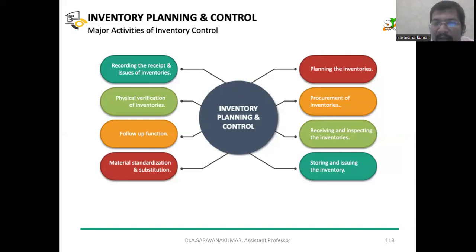Then receiving and inspecting the inventories, storing and issuing the inventory, material standardization and substitution, and you are going to follow up the function, physical verification of inventories, and finally you are going to record the receipt and issues of inventories. So these are the things we discussed about inventory planning and control.